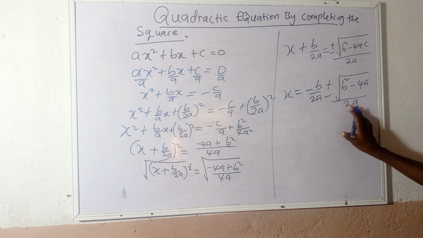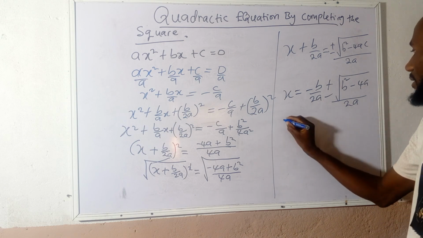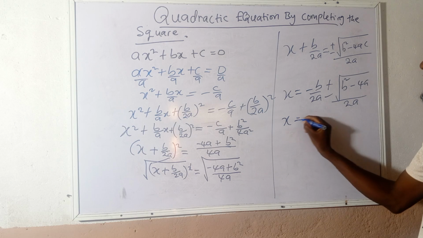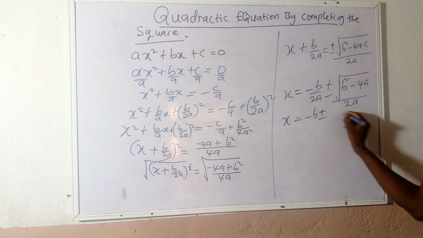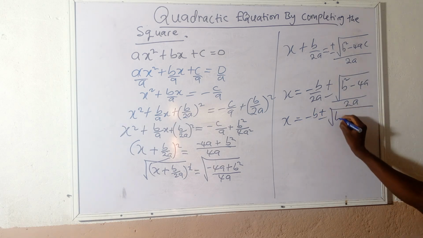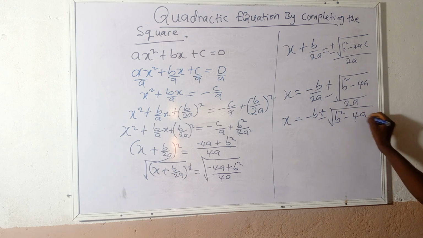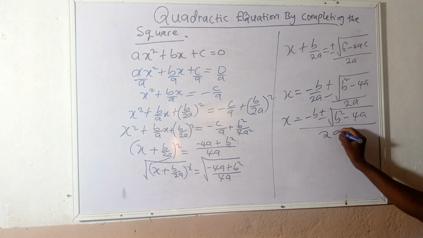Since 2a is common, we can take it as the LCM. We have x is equal to minus b plus or minus the square root of b squared minus 4ac all over 2a.